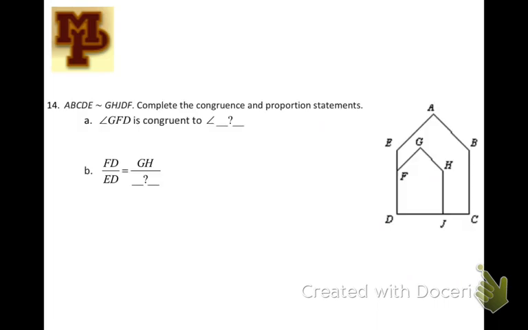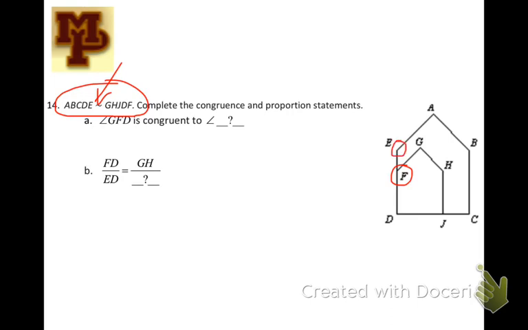Okay, so this one we want to complete the congruence. It says these two, are they pentagons? 1, 2, 3. Yeah, two pentagons are similar. That's a symbol for similar. So angle GFD is congruent. Angles are congruent when polygons are similar. So GFD, this angle would be congruent to this angle.